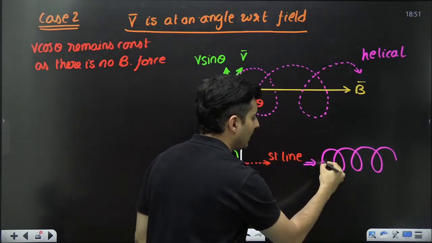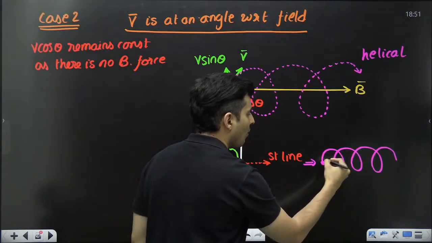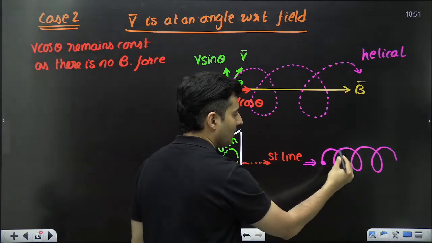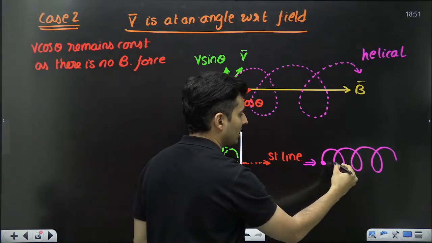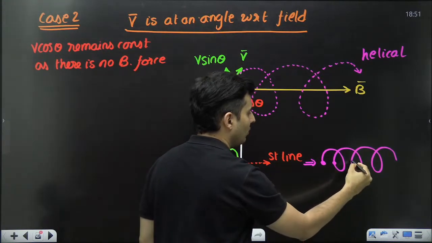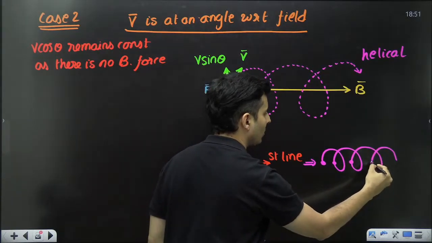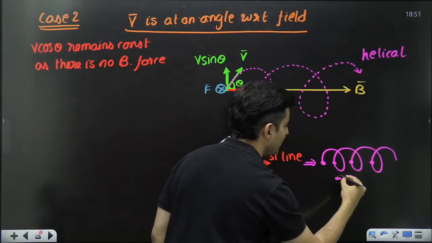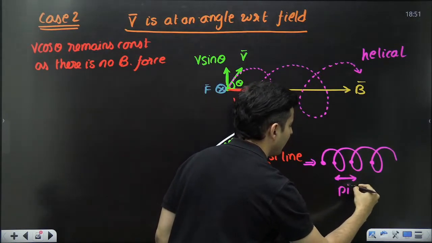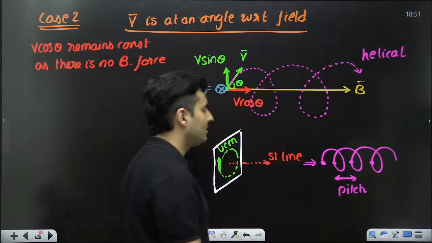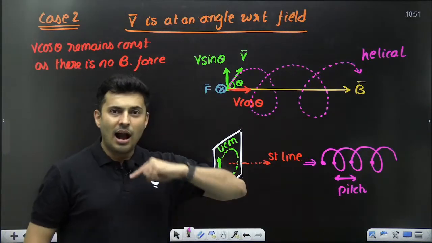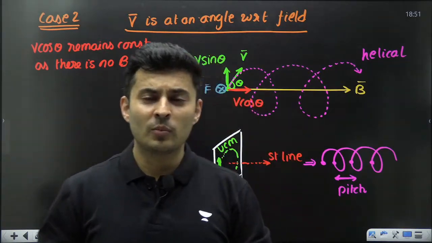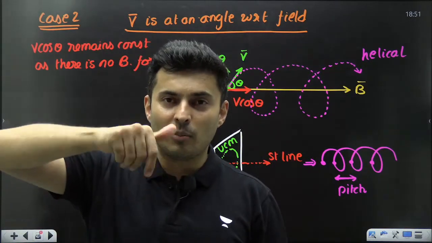If you start at a point and complete one rotation, then again complete one rotation over here, and again over here, between any such two points, that distance is called the pitch. After one rotation, how much do you move? Like in a screw. Have you ever tightened a screw or a bottle cap?